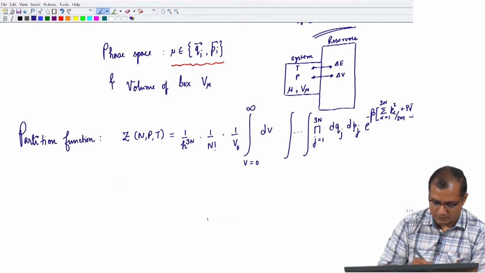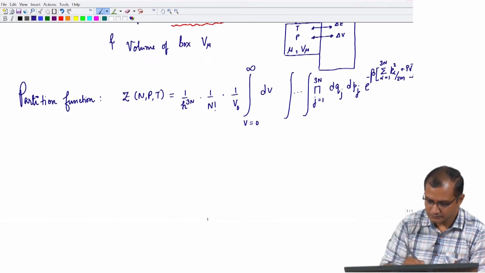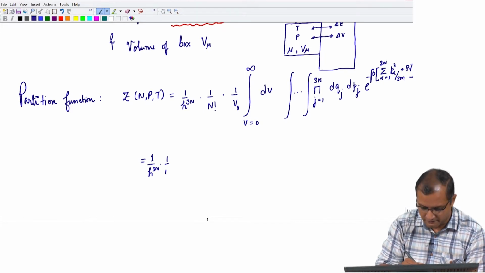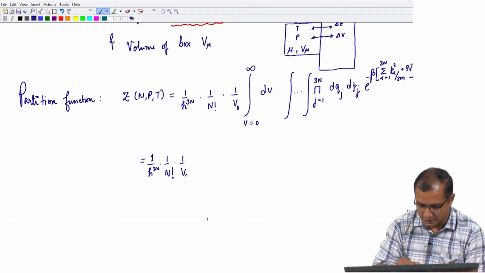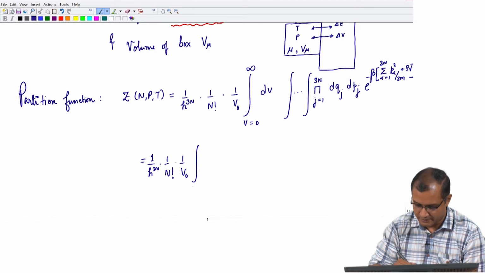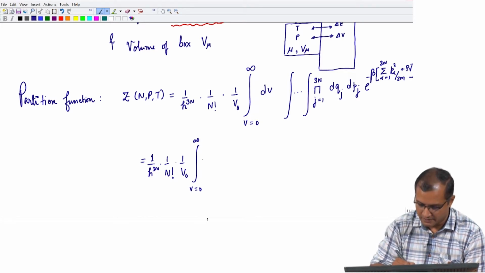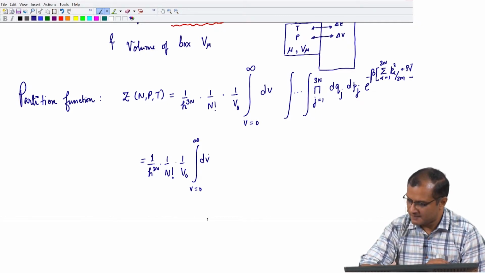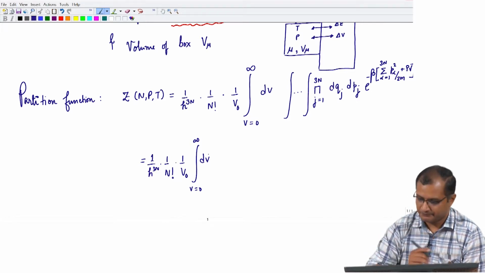Okay. So, now you can write this as 1 upon h to the power 3n into 1 upon n factorial into 1 upon some volume scale, integral V going from 0 to infinity dV. Well, you can straight away see that the position integrals will give me V raised to n. Okay.